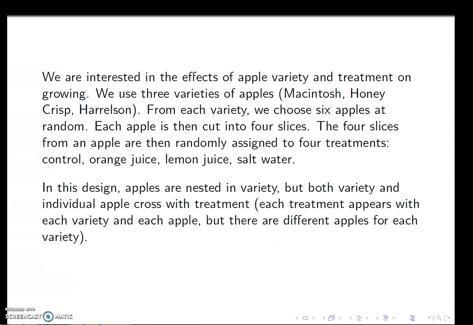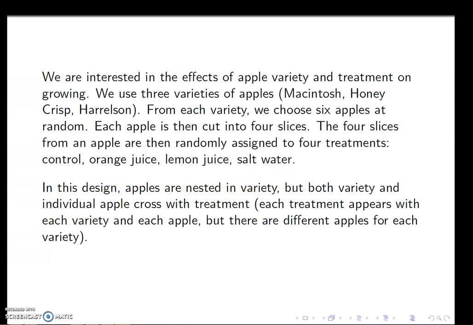Now here's another one that's not about breeding animals, thank God. So we're interested in the effects of apple variety and treatment on browning. We have 3 varieties of apples. From each variety, we choose 6 apples at random. Each apple is then cut into 4 slices, and the 4 slices from the apple are then randomly assigned to 4 treatments: a control, orange juice, lemon juice, and salt water. So this is to keep them from oxidizing, presumably. In this design, apples are nested in variety, right?